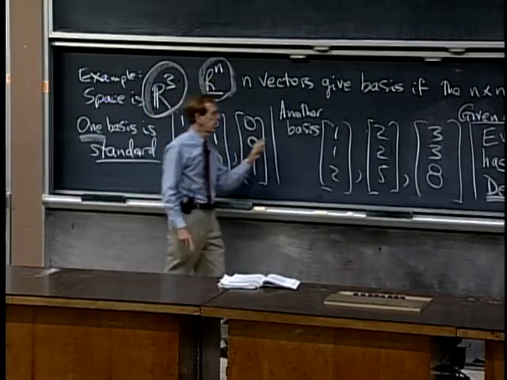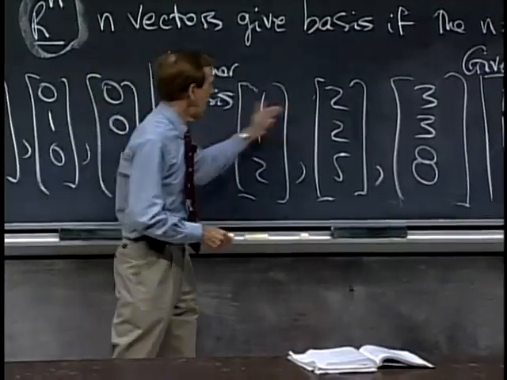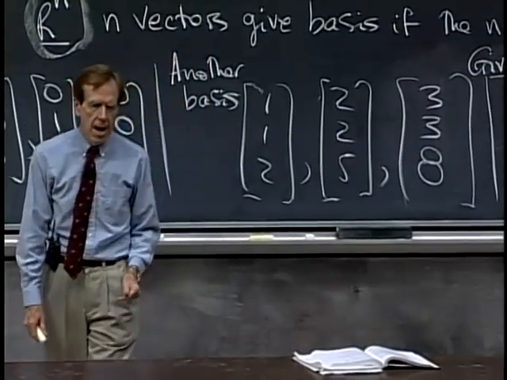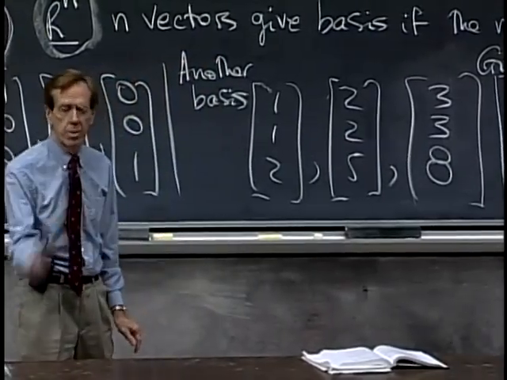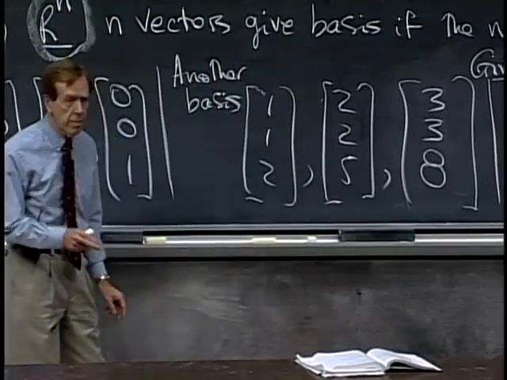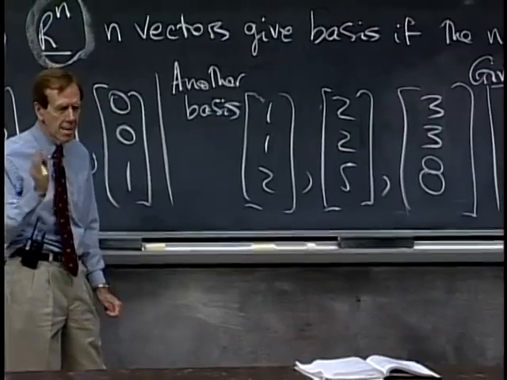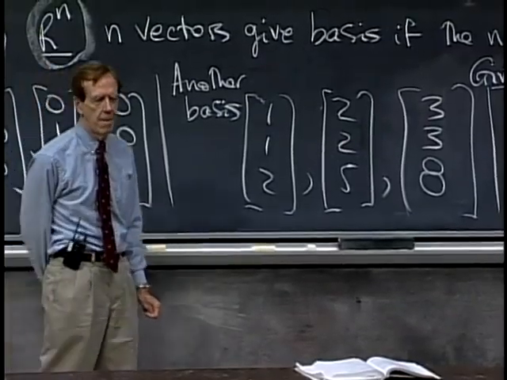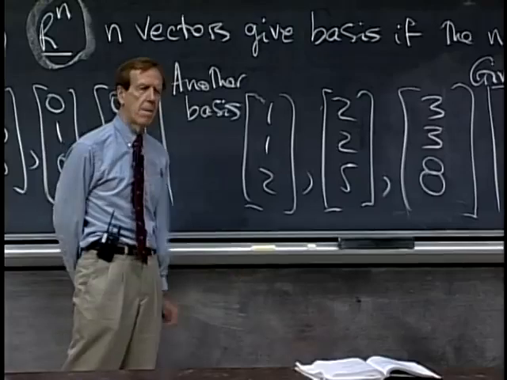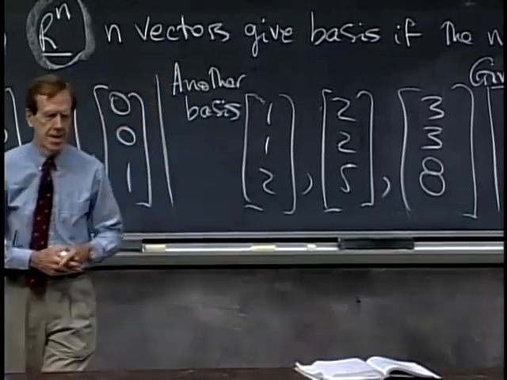But the row space of this one, I'm looking at the rows of the matrix. Anyway, I'll have 2 equal rows, and the row space will be only 2-dimensional. The rank of the matrix with these columns will only be 2. So only 2 of those columns can be independent too. The rows tell me something about the columns, in other words. Something that I should have noticed and I didn't.